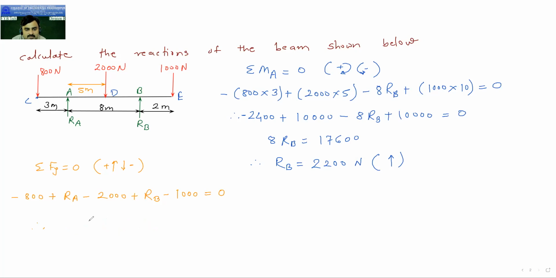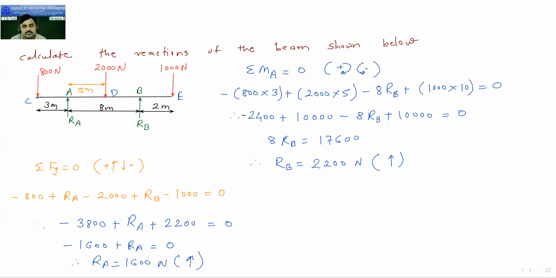So it is minus 3800 plus Ra plus 2200 is equal to 0. Okay. So it will become minus 1600 plus Ra is equal to 0. Therefore, Ra is equal to, now this is minus, if you send it to that side, it will become plus. Clear? Okay.